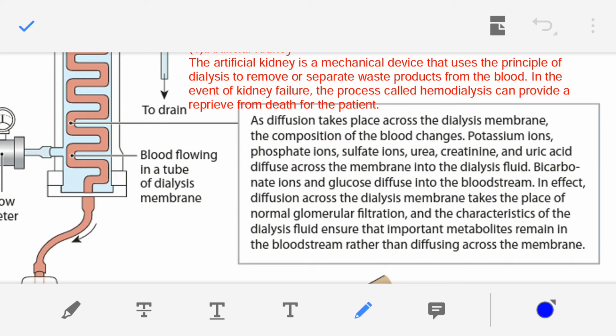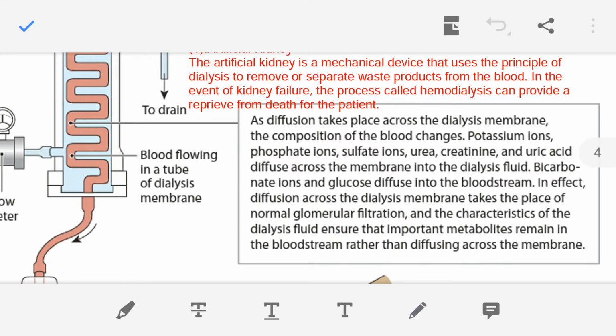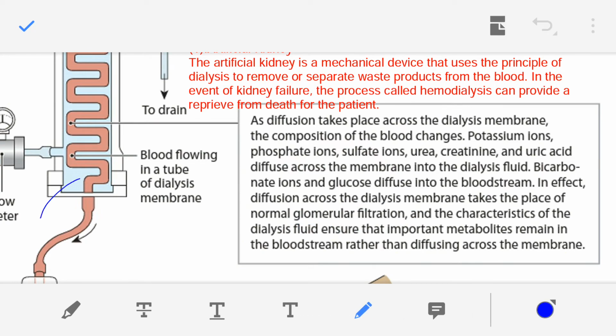Now here we can understand the artificial kidney. In the kidney, there is a glomerular filtration process. Now that process is performed by the artificial kidney. And here it is important that in the patient's blood, all important metabolites remain as such.